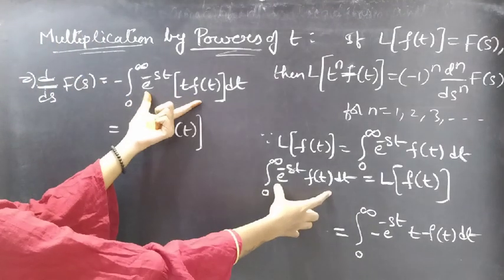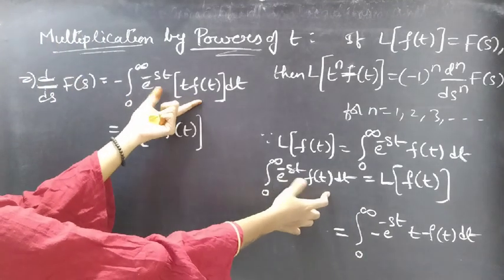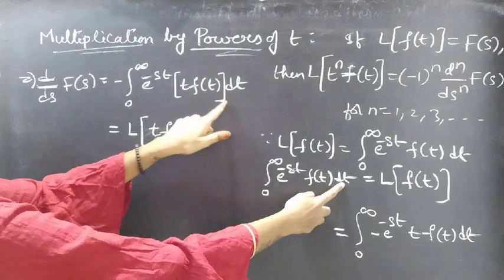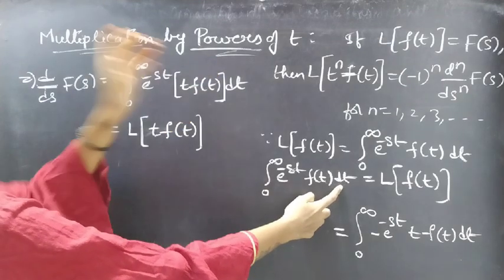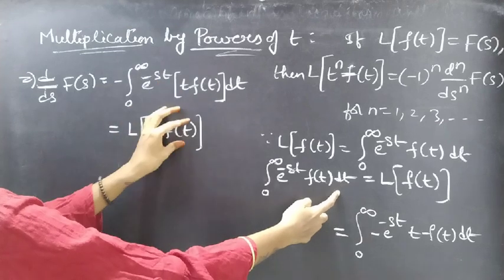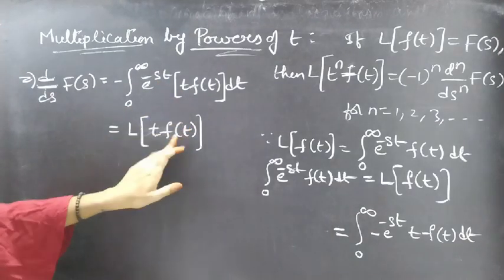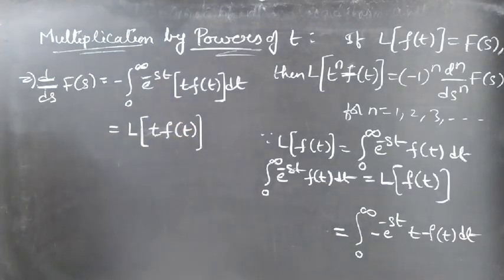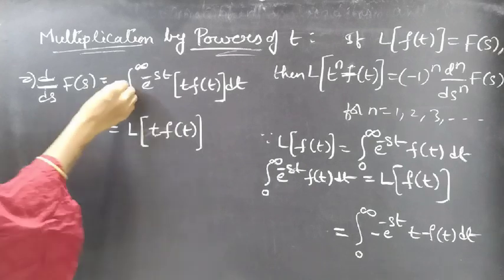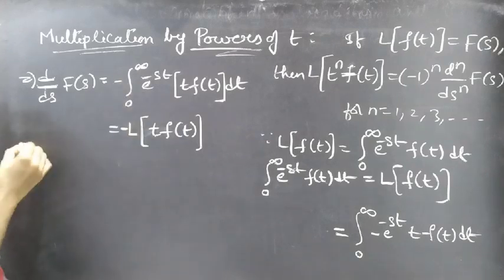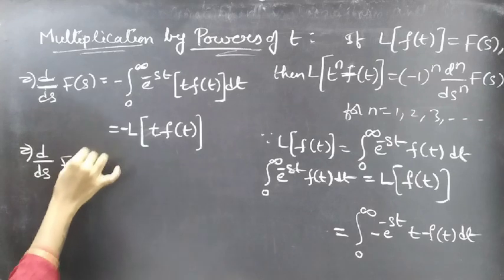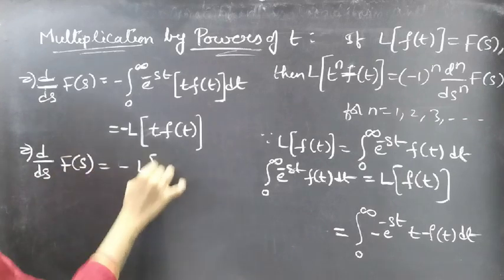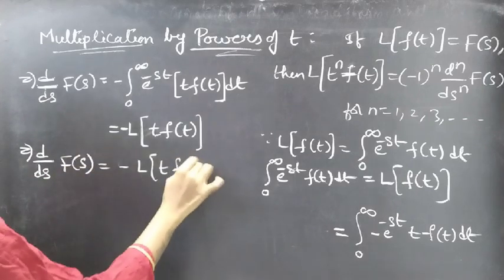Just compare these two. e power minus st into t into f of t dt. Just consider this as some function of t, say g of t. Then you'll get L of g of t, that is t into f of t. We have minus here. We got d by ds of F of s equal to minus L of t into f of t.